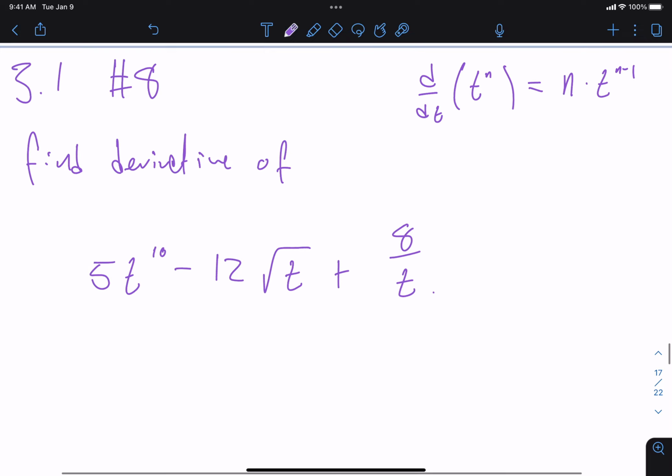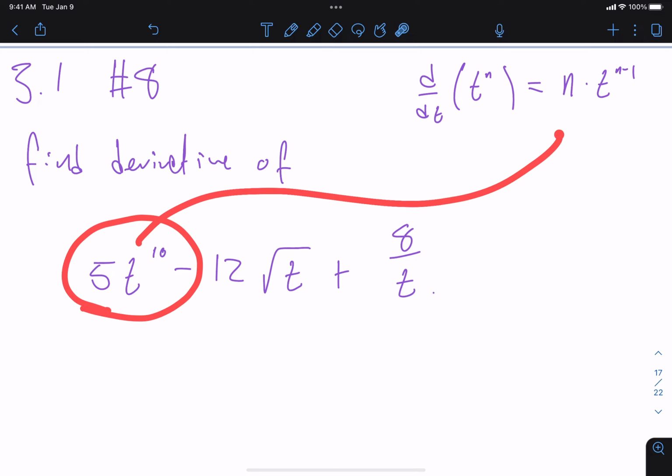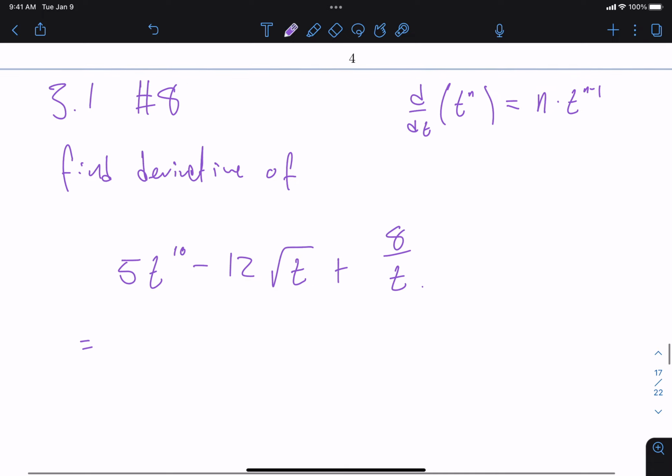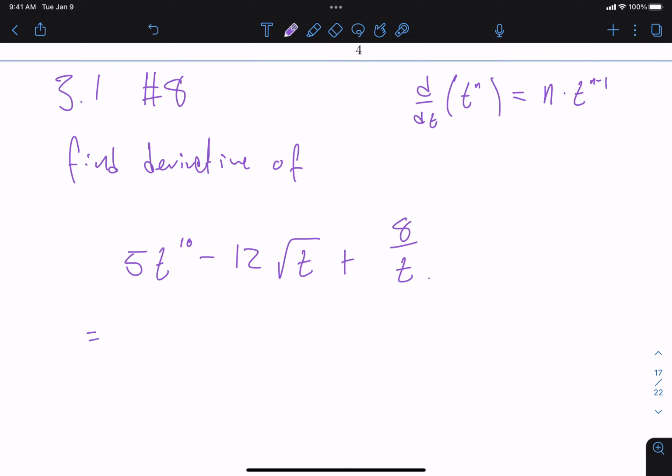But for this particular example, it only looks like the first thing is going to fit into this rule, okay? But it turns out that the second two functions also fit into this rule in the following way. The first step of this problem is not to go ahead and try to do all of these derivatives, but rather to rewrite this entire thing. I'm going to leave 5t to the 10 alone because it already looks nice.